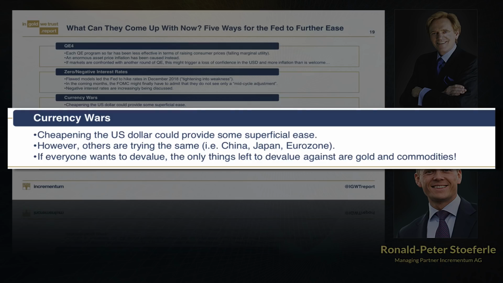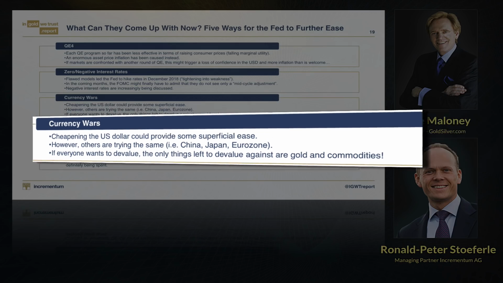Because gold doesn't participate in those currency wars. Yeah, all of the fiat currencies are in a race to the bottom compared to gold. This is the way it's always been, though, is fiat currencies eventually go to zero compared to gold.